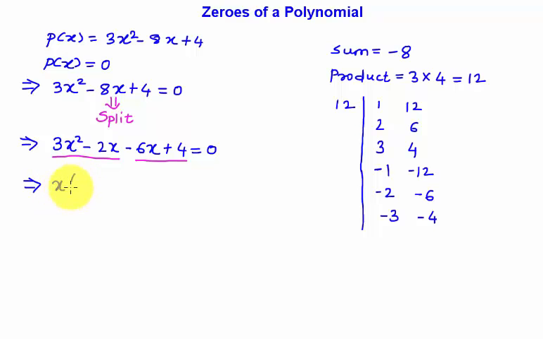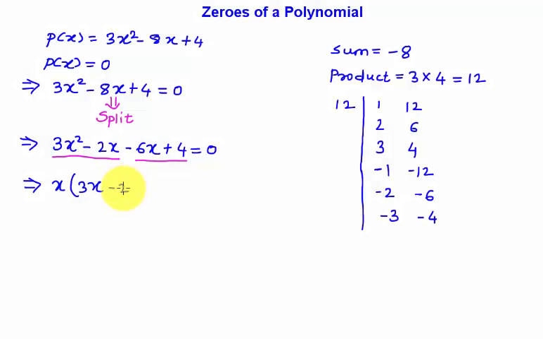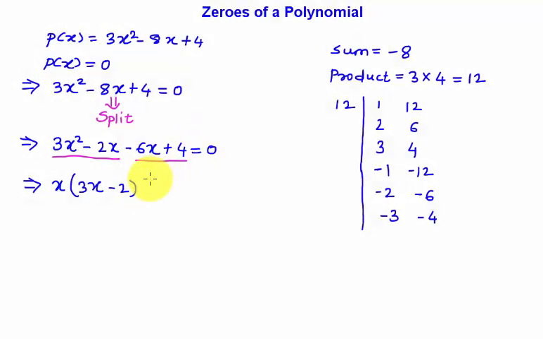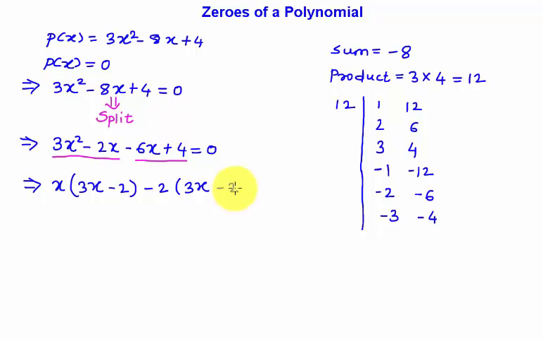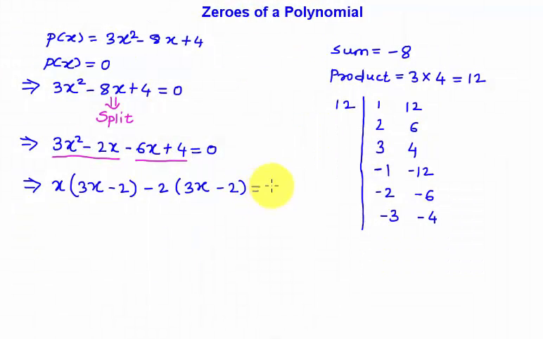So taking x out, what remains inside is 3x minus 2. So 3x into x will give us 3x square, minus 2 into x will give us minus 2x. Now from the second pair we can take minus 2 common. So what remains inside the bracket is 3x minus 2. 3x into minus 2 will give us minus 6x, minus 2 into minus 2 will give us 4, which is a constant value.